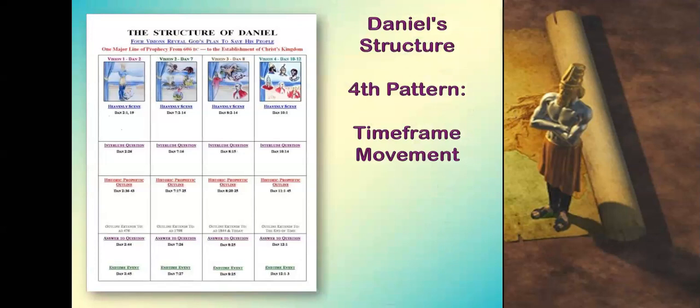Okay, great. And then the 4th pattern that we're going to look at is the time frame movement. So we have 476 AD. It goes forward to 1798. It goes forward, progressive movement, to 1844 to today.